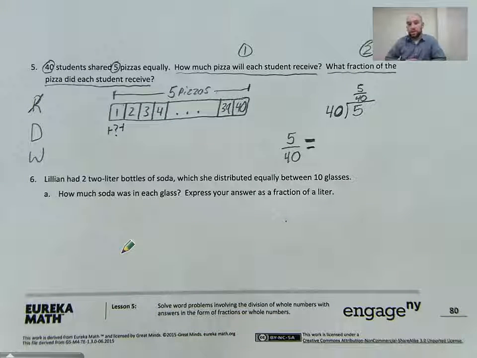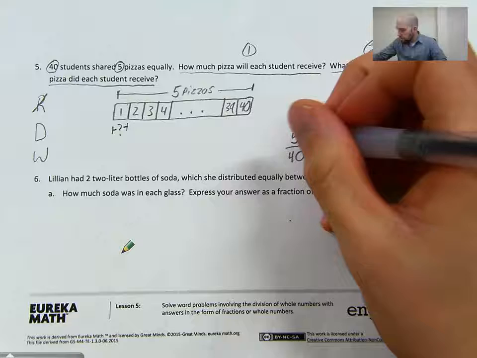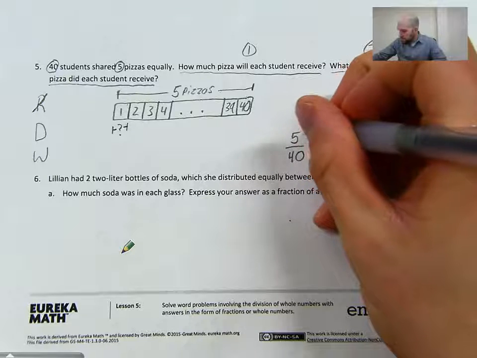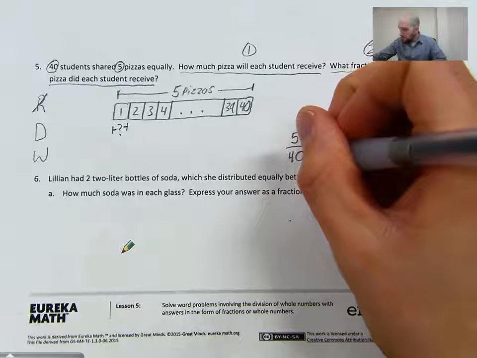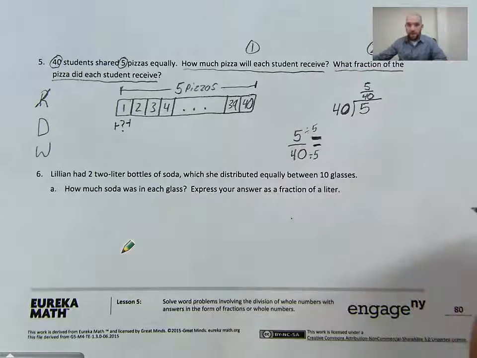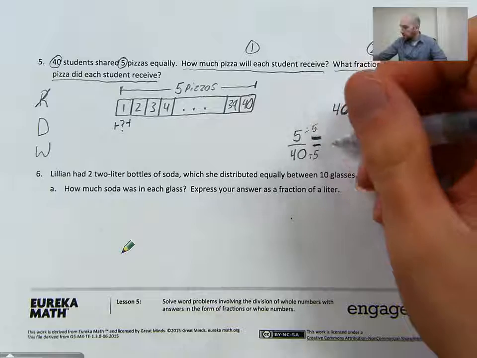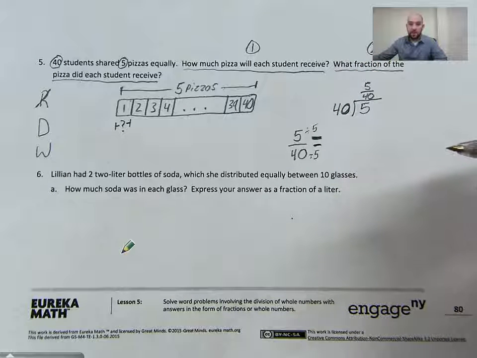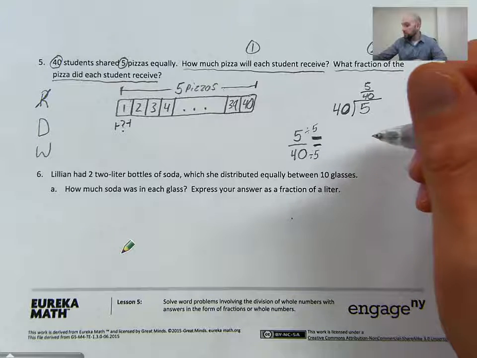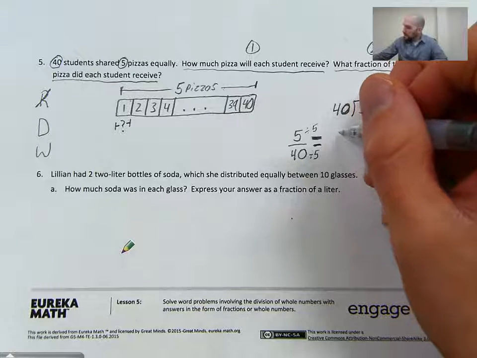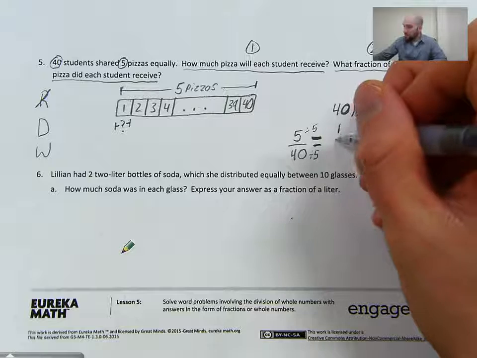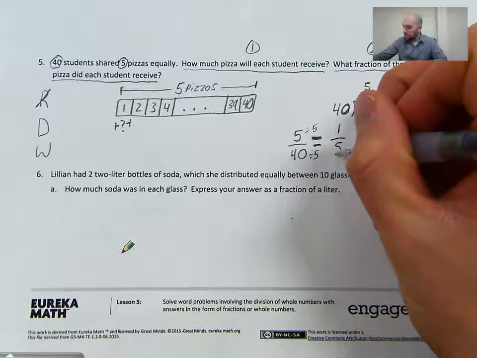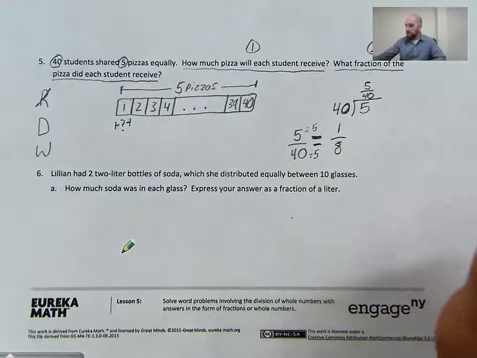So if I divide the numerator by 5 and the denominator by 5, I can simplify this fraction. I can make both the numerator and the denominator into smaller numbers, into factors of those numbers. So if I divide 5 by 5, I get 1. If I divide 40 by 5, I get 8. And each student will receive 1/8 of a pizza.